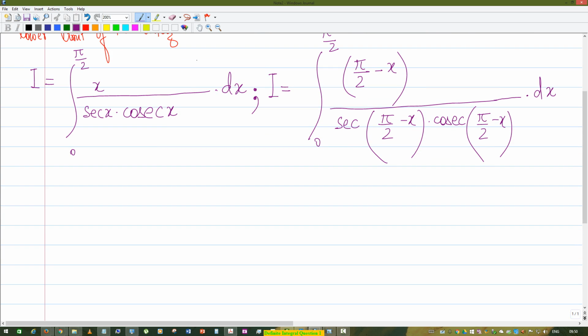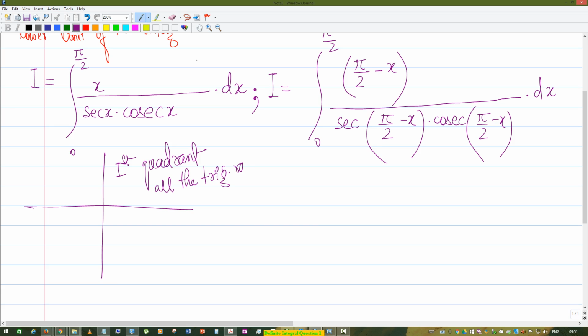Now, pi by 2 minus x, what does this mean? This means that we are still in the first quadrant, and here all the trigonometric ratios are positive.